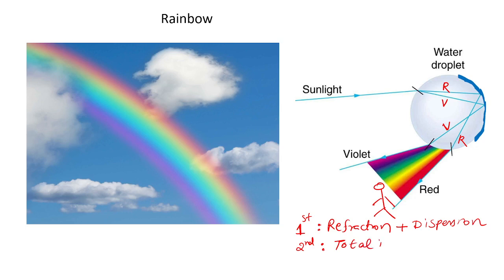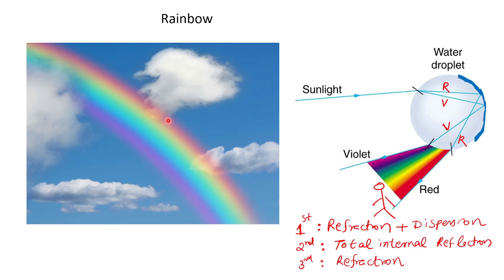You will learn that phenomenon in the higher classes. If the light is falling at some specific angle, there is no refraction, only reflection takes place. After the second stage, in the third stage, the emergent ray undergoes refraction. So if I stand on the ground, I can see red to violet, all the colors, appearing as the rainbow.